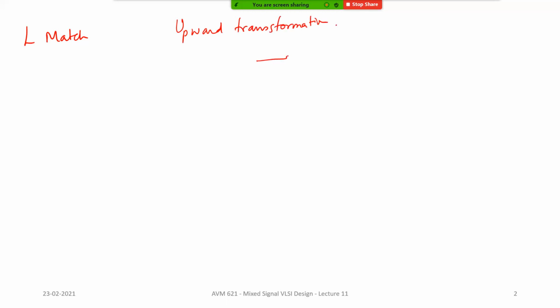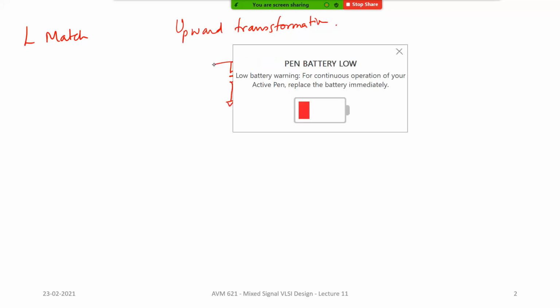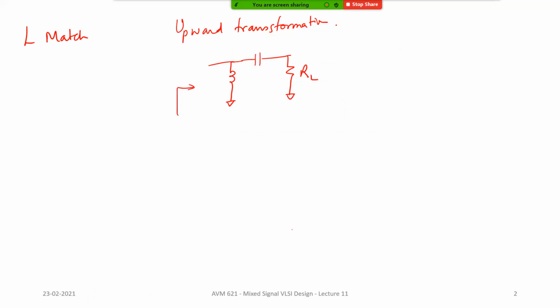by putting, let's say, you have a load resistor RL, and if you do something like this, you would basically get an Rn which is greater than RL, or in other words, Rn is given by RL times Q squared plus 1, right?